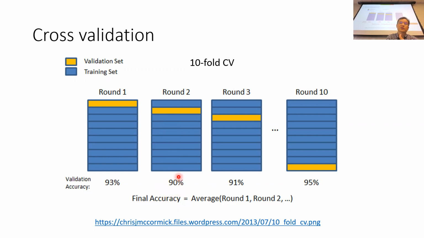In this case, you only achieve 90% accuracy. You do this 10 times. Then you take the average. This average is your final reported accuracy of your algorithm. You can claim I used a 10-fold CV method to get my final accuracy of my algorithm to be 93%.